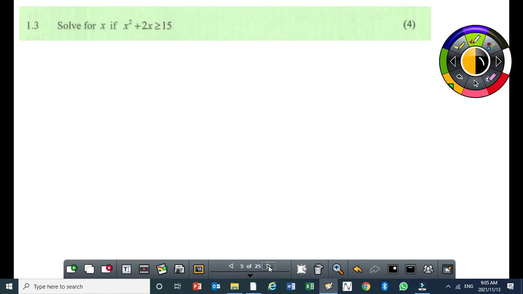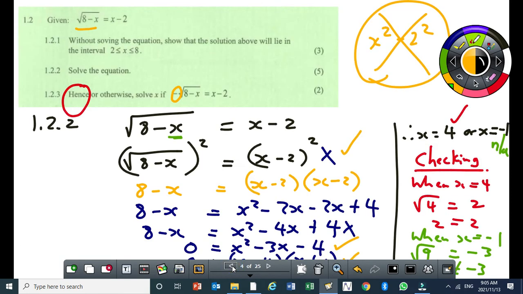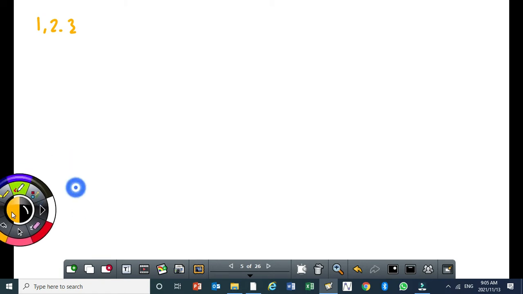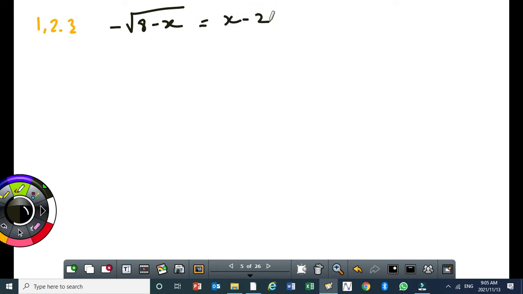Right? So we have 1.2.3. So it's minus the square root of 8 minus x equals x minus 2. Let's start when x is 4. Okay, let's see what happens.